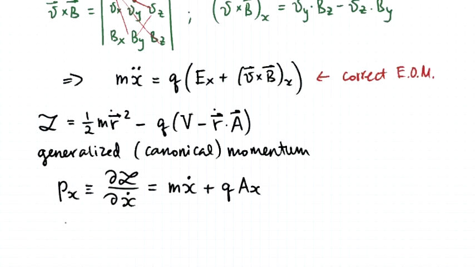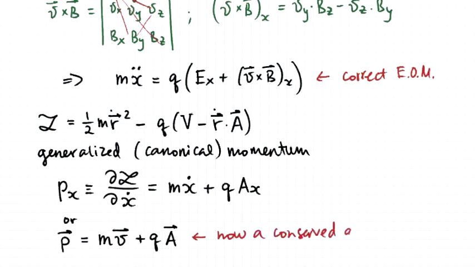In other words, our canonical momentum in 3D becomes mass times velocity plus charge times vector potential. So this is now a conserved quantity. In other words, mechanical momentum, as we know it, is not conserved in magnetic field, but generalized or canonical momentum is in fact conserved.